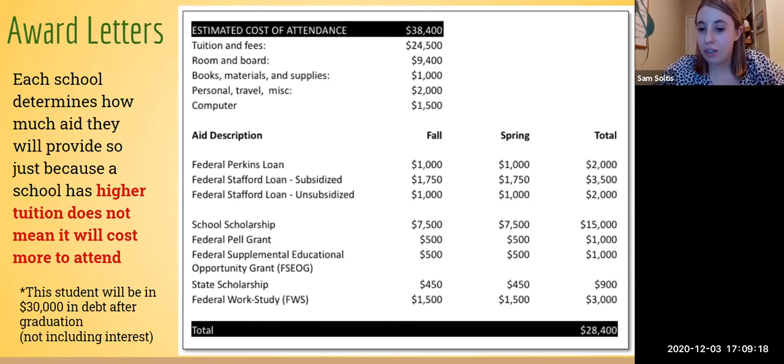And that's not including interest. And one other thing to note is that you will be filling out these financial aid applications each year. So just because you get this amount for your first year doesn't mean that it's going to stay consistent all 4 years of college. So that's something to look out for.